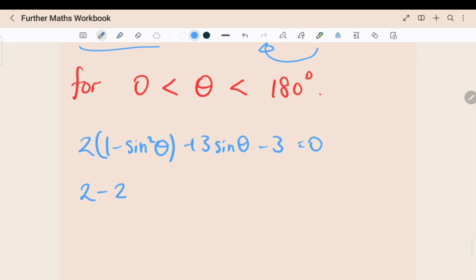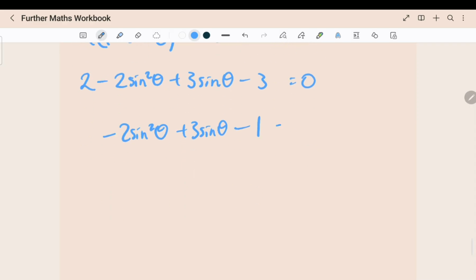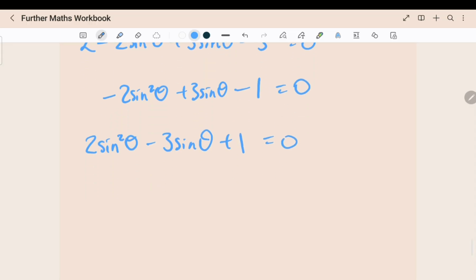So here we have 2 minus 2 sine squared theta plus 3 sine theta minus 3 equals 0. So 2 minus 3 gives me minus 1. And I get plus 3 sine theta and then minus 2 sine squared theta. And then I'm going to add everything to the other side, so I have a positive coefficient for my sine squared theta. So I get this when I add everything to the other side.